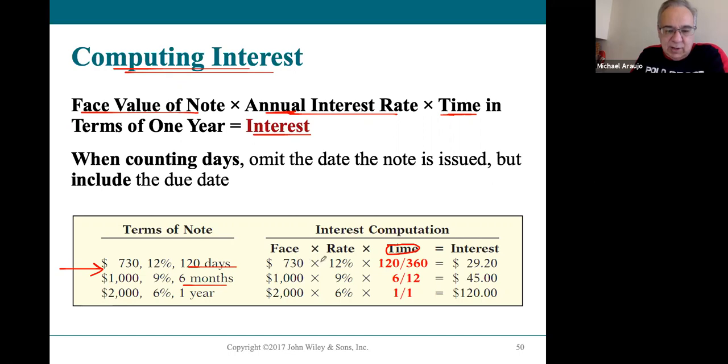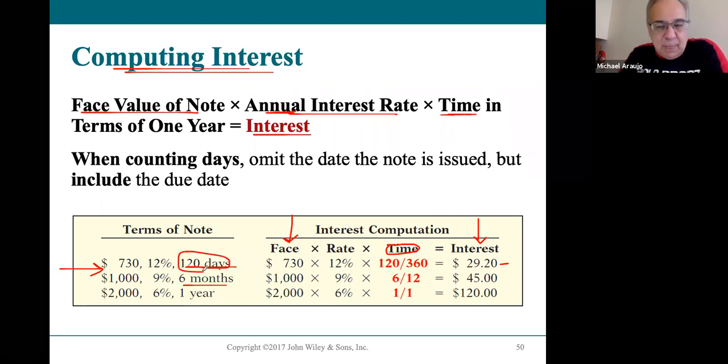So 730 times 12% times 120 divided by 360, you got your interest of $29.20. Now, why this is important is because the interest and the loan are going to be paid on the same date. The maturity date or the due date is when everything gets paid back on a note. The loan gets paid in full with interest on the same day.